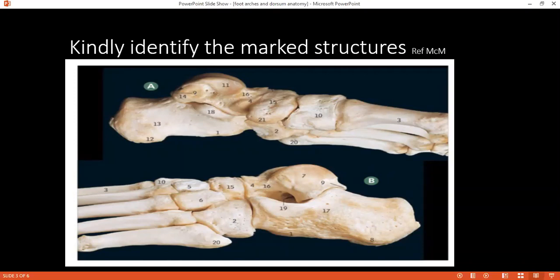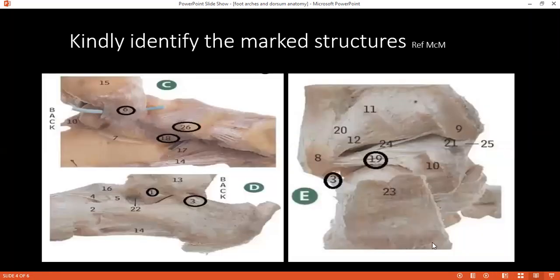Right. Can you please tell me about the anatomy of the deltoid ligament? Yes, ma'am. The deltoid ligament is present over the medial aspect of the ankle joint. It is formed by the tibionavicular, tibiocalcaneal, anterior talotibial, and posterior talotibial ligaments.